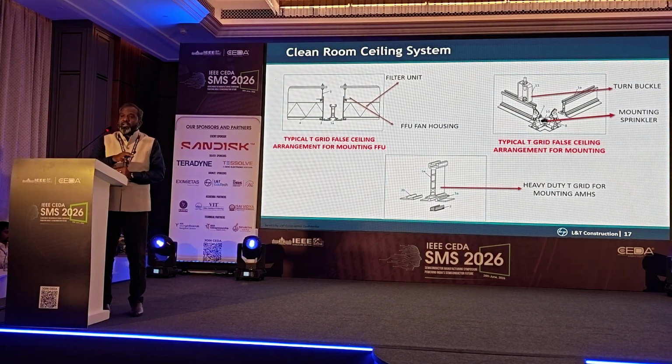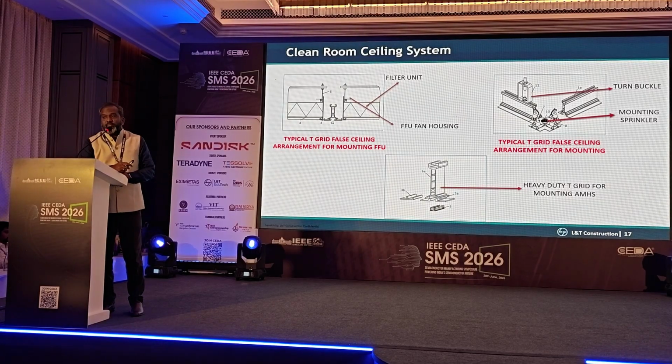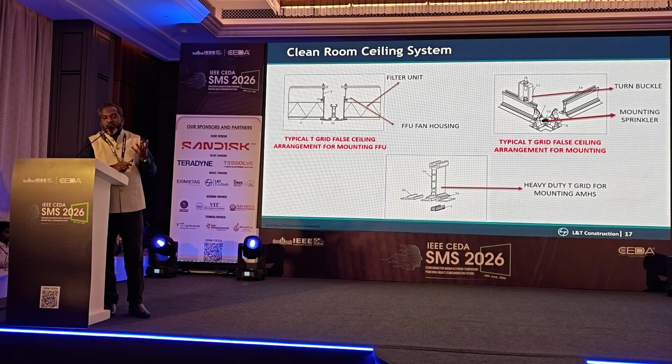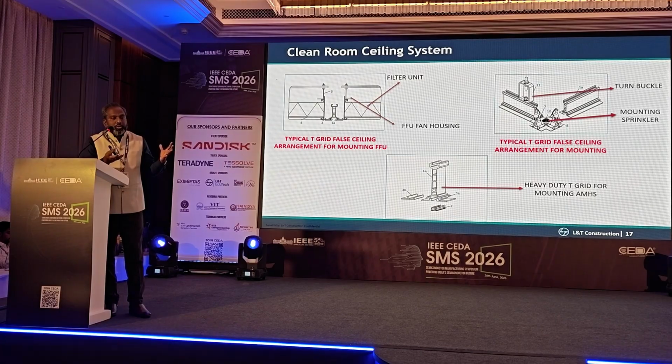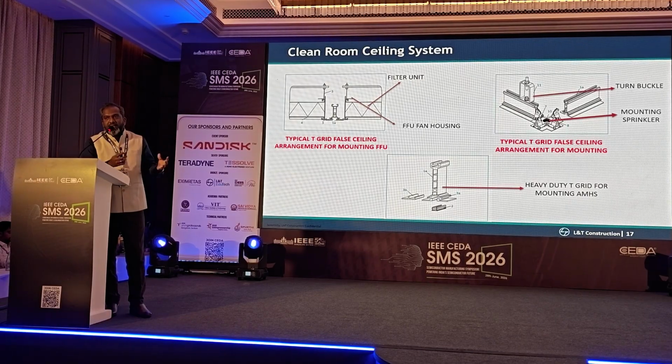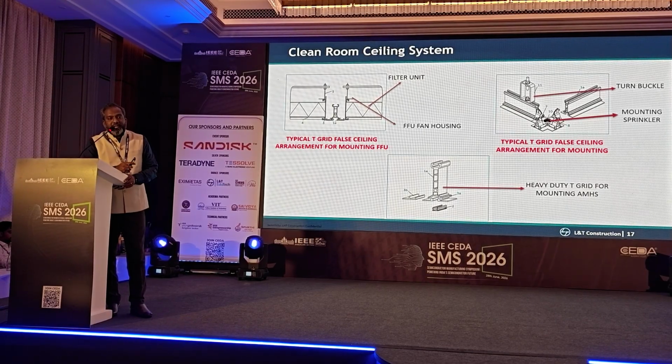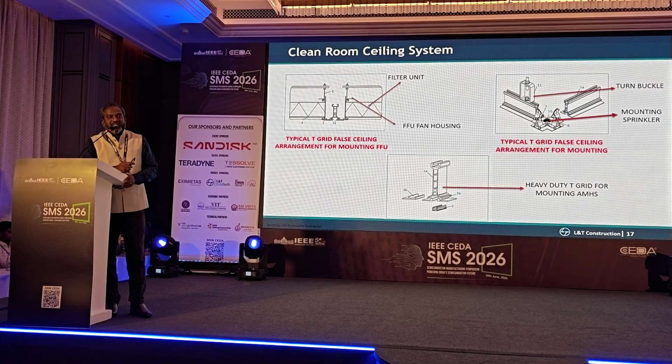And that's a very typical detail of what it is, because in this false ceiling you will have automated handling system. In the ballroom, the clean fab area of 32,000 square meters, you will have very little people going there because a person going in and coming out is a source of contamination, right?